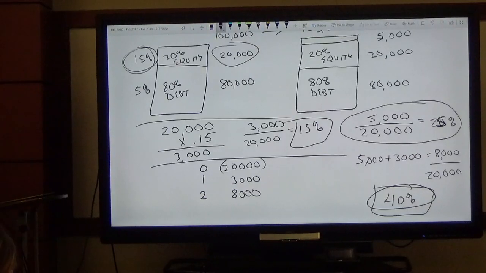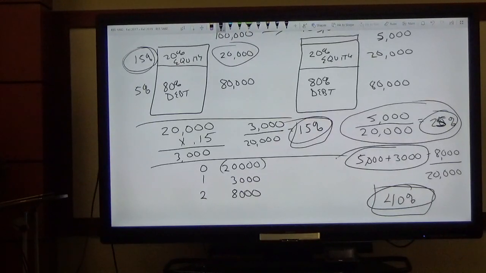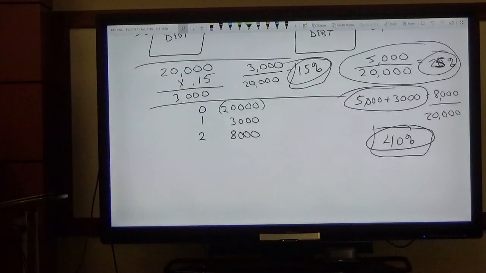Okay? Just to confirm, 40% you're adding up 15% and 25%. Yes. So you're taking the original 15%, the 20,000 divided by 15%, getting 3,000, dividing it by 20,000, you get 50. Yep. So all we're really saying, I want to simplify this as much as possible.